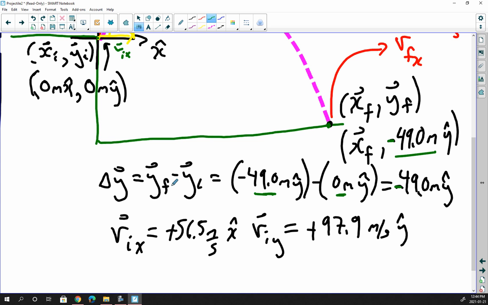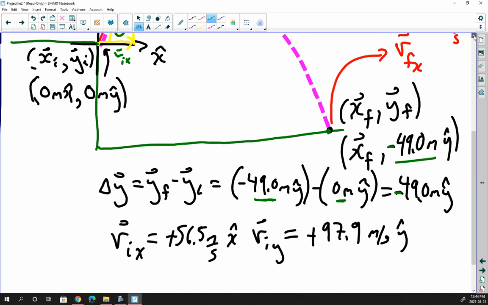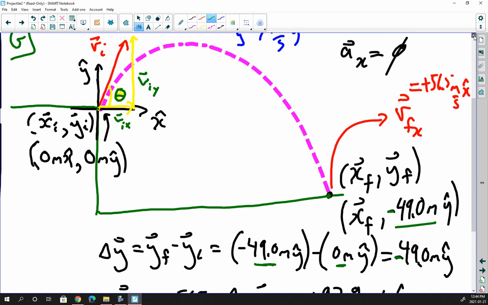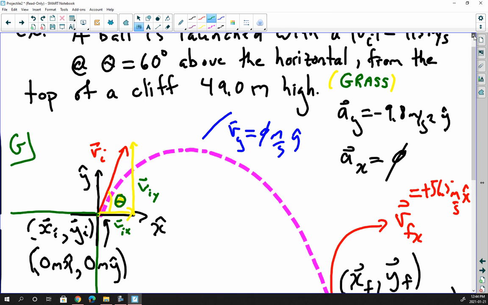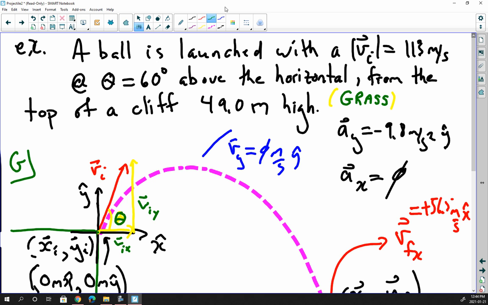Next part. Look, I told the class in the previous part of this lesson, let's go back to the top here. We've been given the velocity as an angle and a magnitude. We can't solve these problems unless we break everything down into components.